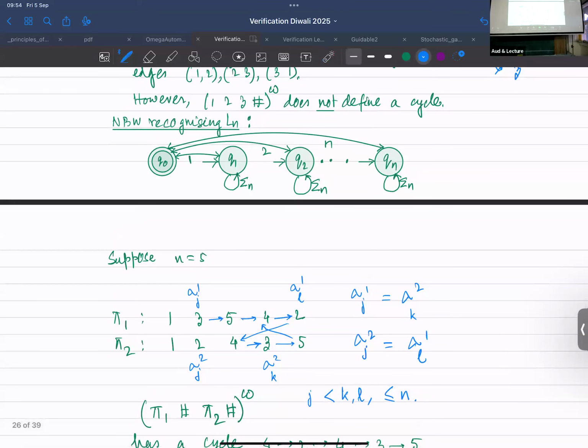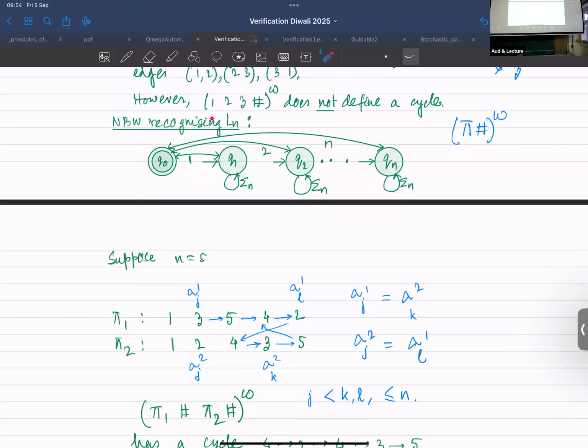For any permutation pi, pi sharp omega is not going to be accepted by the automaton.